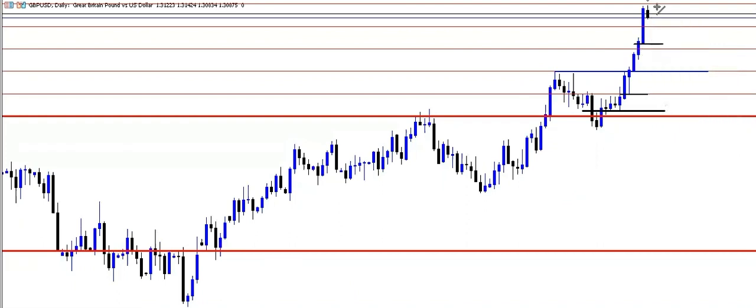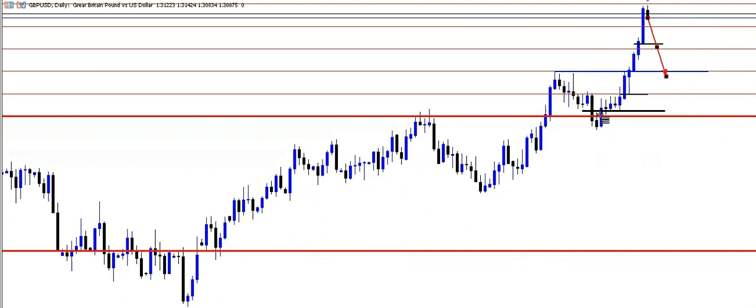So it will be very nice to see some kind of retracement from the bullish structure, maybe to previous support levels or to previous fair value gaps.